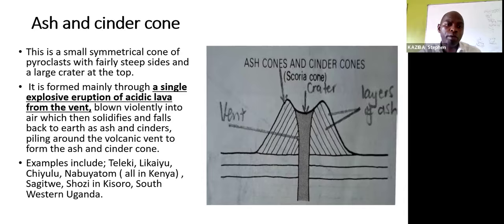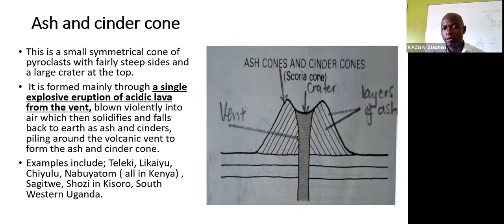Now, remember in your formation, make sure you involve the nature of material and the nature of eruption. So these are formed by a single eruption, meaning unlike a composite volcano where you have successive eruptions, this one happens once.